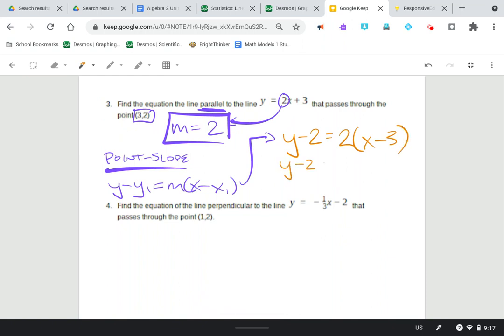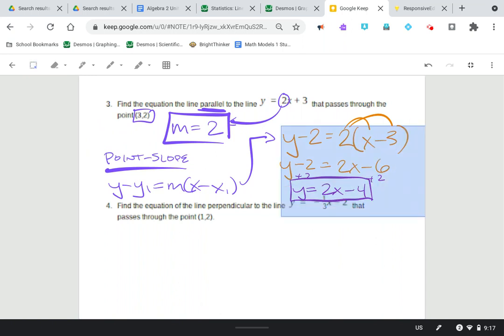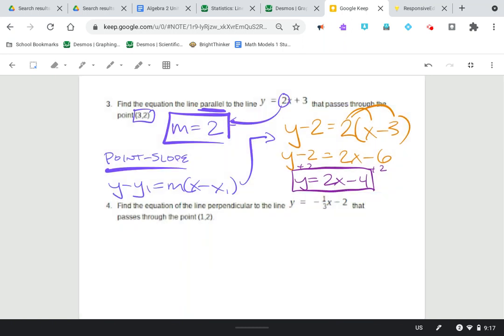So I get y minus 2 equals 2x minus 6 because I distribute the 2, and then the last thing I do is add 2 to both sides. So the final answer is y equals 2x minus 4. I'm just going to move all of this up if I can. There we go. And that's what my final answer is for number 3.